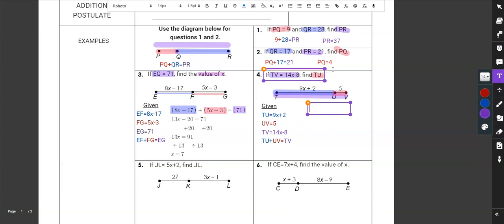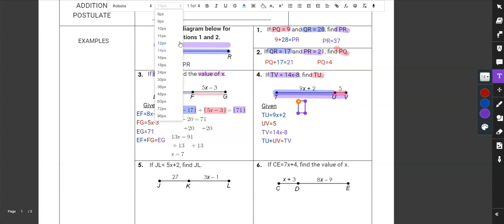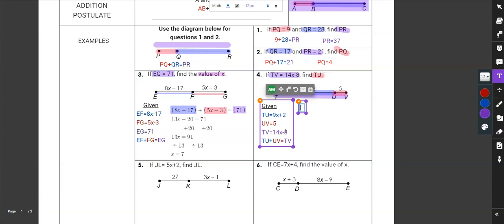All right, so let's go ahead and do the work for this. I'll make this a little bit smaller. Formula tool. TU, which is 9x plus 2, plus UV, which is 5, will be equal to TV, which is 14x minus 8.